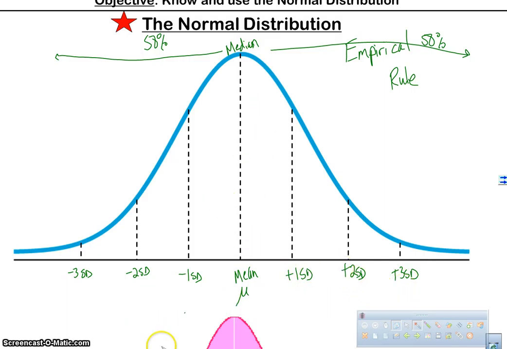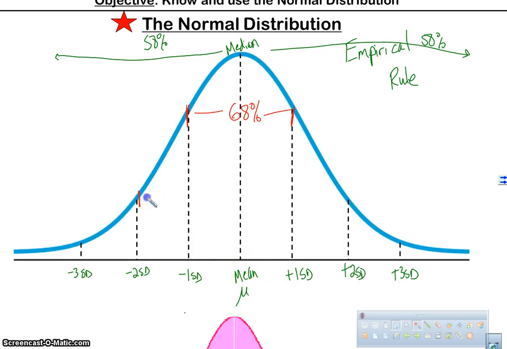So what is the middle part saying? Well, in between one standard deviation of the mean is 68% of the population. So 68% of whatever's going on is going to happen within one standard deviation.